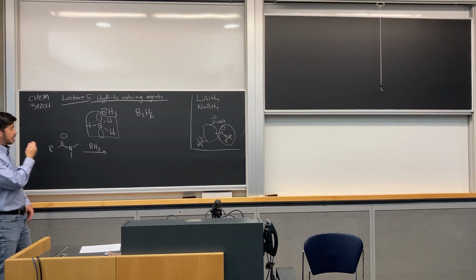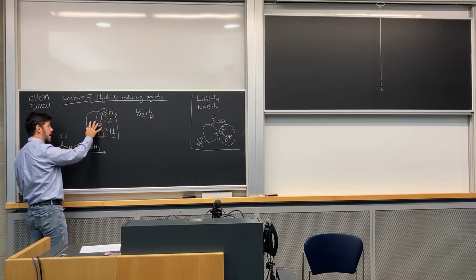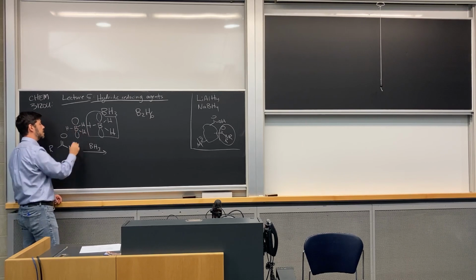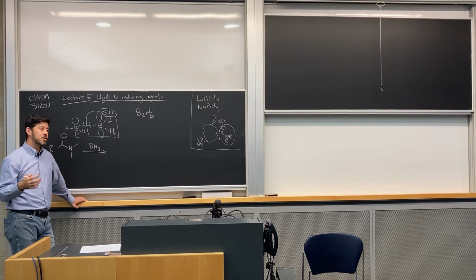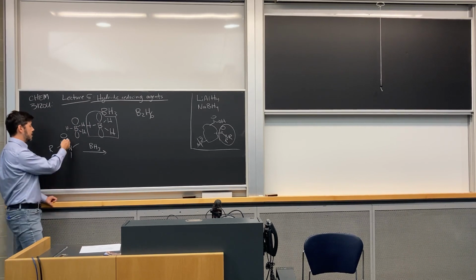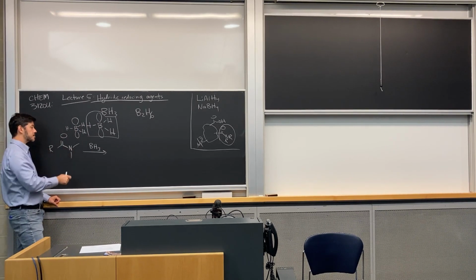All right, so like I said before, this is fairly unreactive. However, when you have boron available and you have this low energy p orbital, this p orbital is actually very much attracted to electrons. And where do we have electrons on the amide bond?